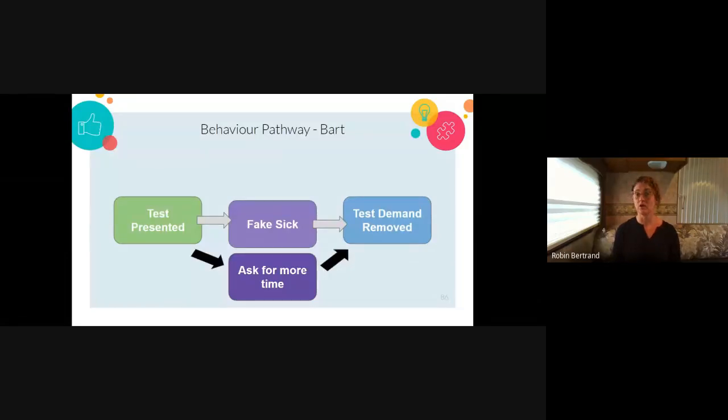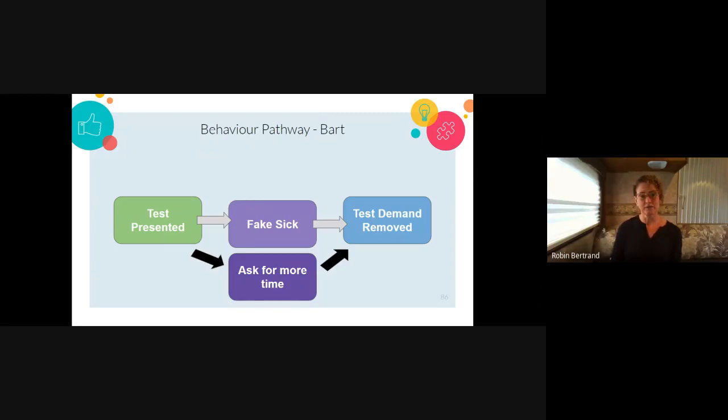When teaching or selecting an alternate replacement skill, we try to select a skill that is easy to perform. So it should be easier than faking sick, for example. We also look for the new skill to lead to that reinforcement often, if not all of the time, when we're first teaching that new skill.